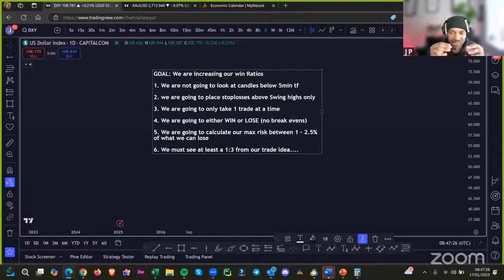When I say we must see 1 to 3, I mean don't take a trade where you can only see it go into structure for 1 to half. That's done. We must see at least 1 to 3 from our trade idea.